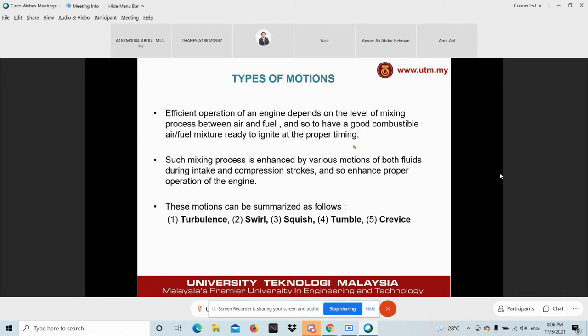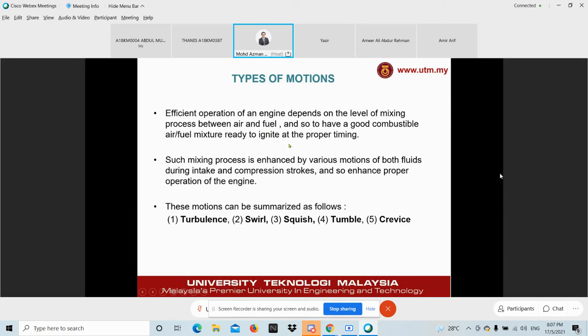So there's basically five types of motion in a typical combustion chamber, but there's only four main ones. We're gonna touch on each of the motions.